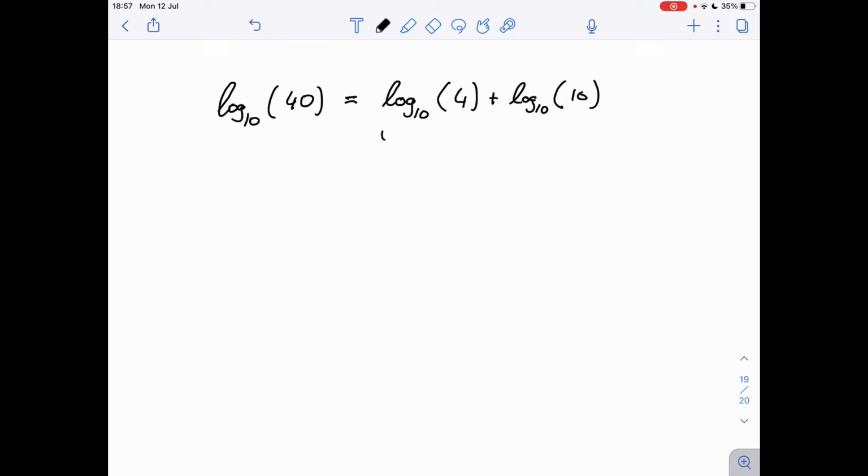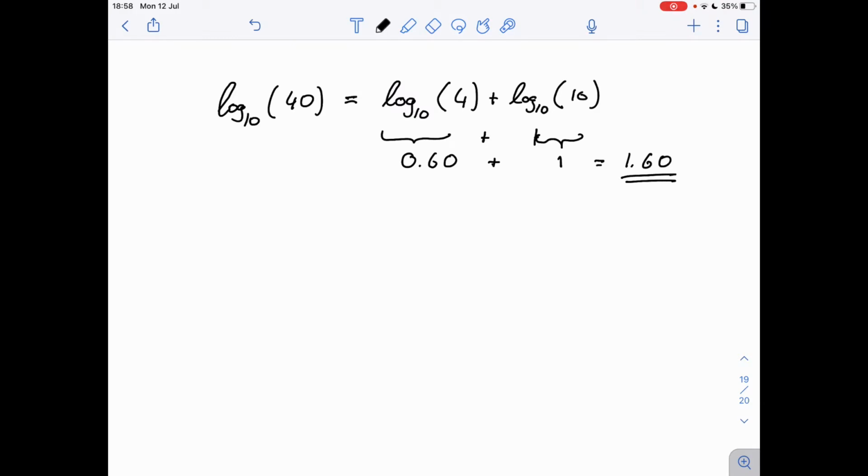If we put log 10 of 4 in a calculator, it would give us 0.60 to 2 decimals, plus log 10 of 10, that would give us 1. So log 10 of 40 gives us 1.60.